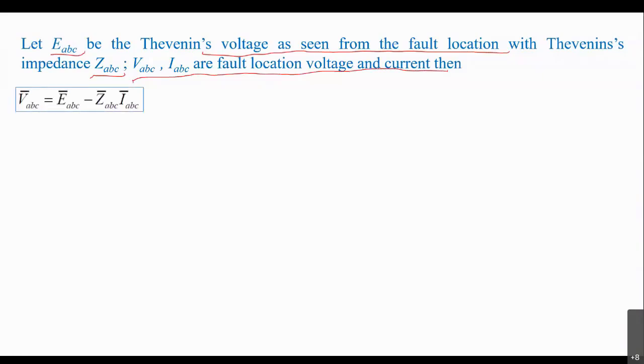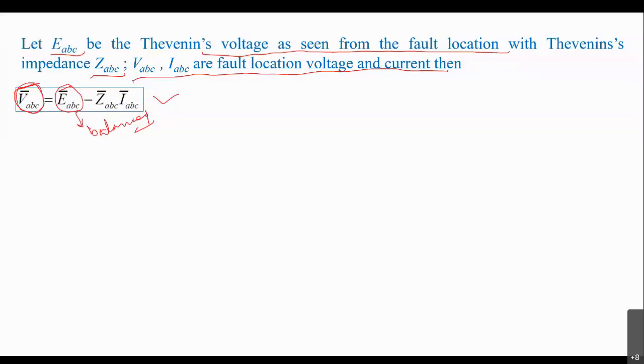Then the equation at the fault point is Vabc equal to Eabc minus Zabc into Iabc, where Eabc is the Thevenin equivalent, a balanced voltage source. This Vabc is the voltage at the fault point, which may or may not be balanced. It depends upon the type of fault. If your fault is unbalanced, then this Vabc will be unbalanced.